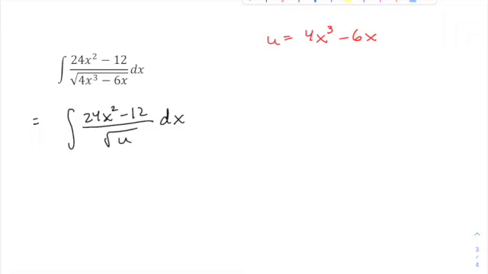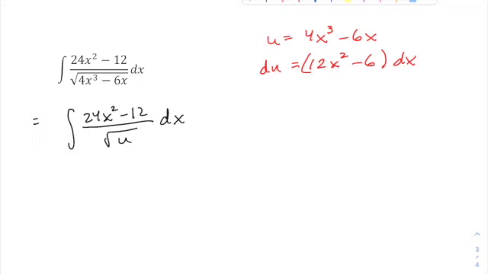And so you can kind of see, if you start to think ahead, the next step is the key of what tells you if you've picked a good u value or if this is going to work, is when you do the derivative of it, when you do your du. So du is going to be 12x squared minus 6 dx.